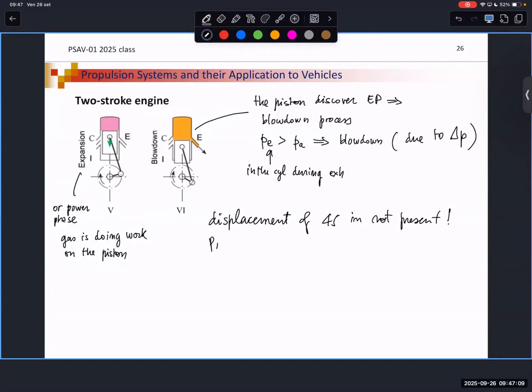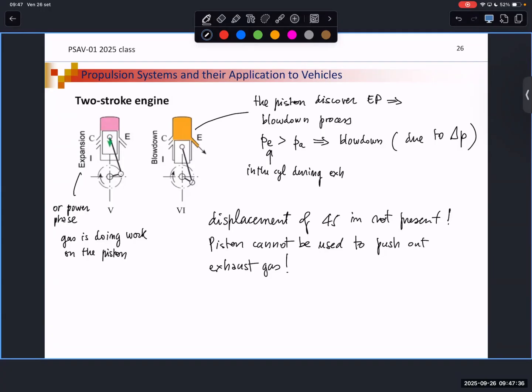The piston cannot be used to push out exhaust gas, because in this process it is not possible.